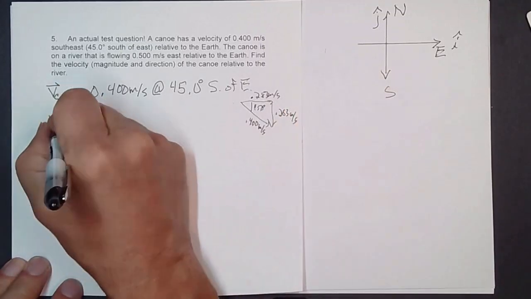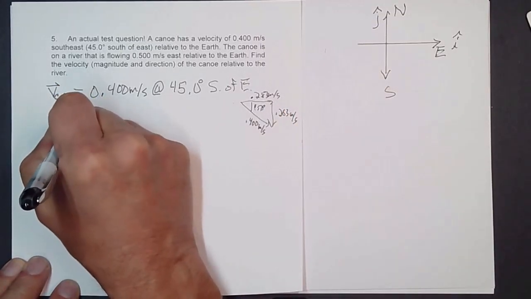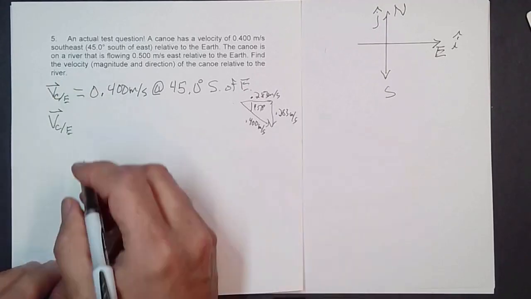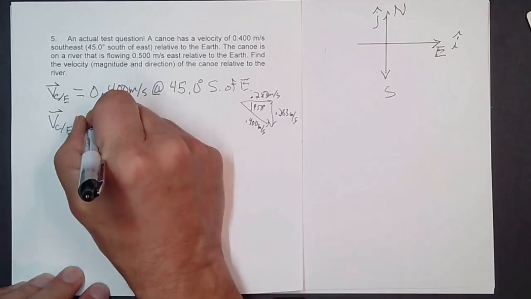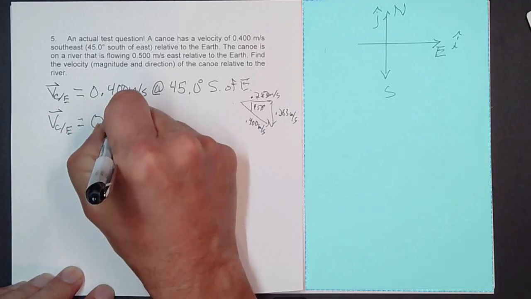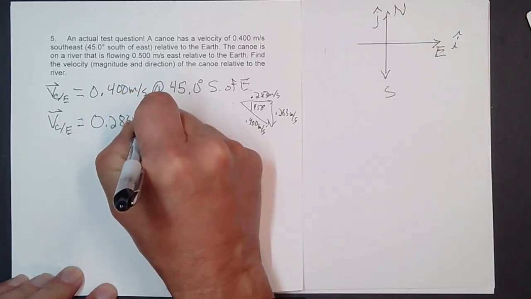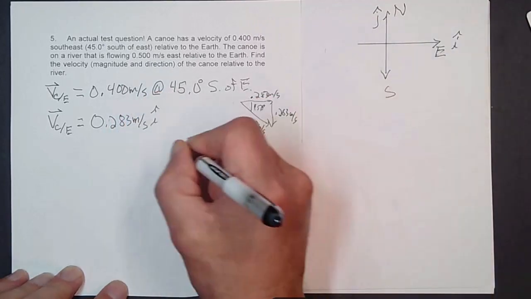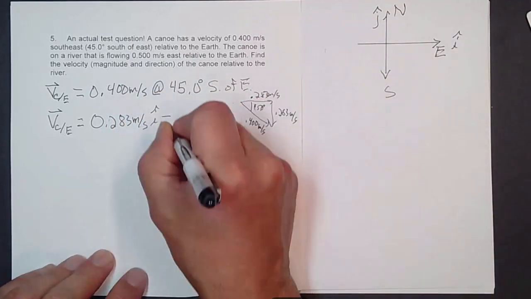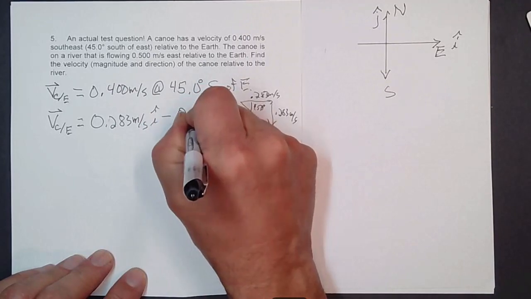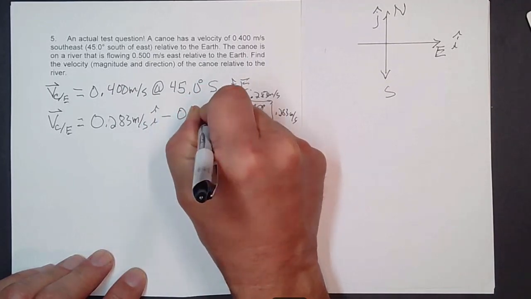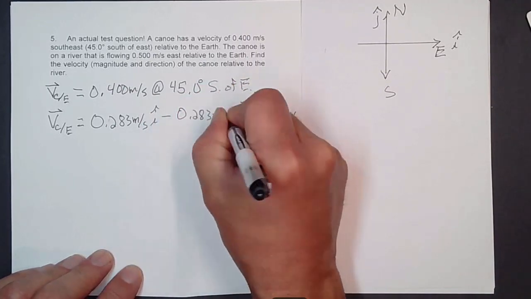So the velocity of the canoe with respect to the earth, despite how sloppy I wrote that, is going to be 0.283 meters per second i hat in the east direction minus 0.283 meters per second in the j hat direction.